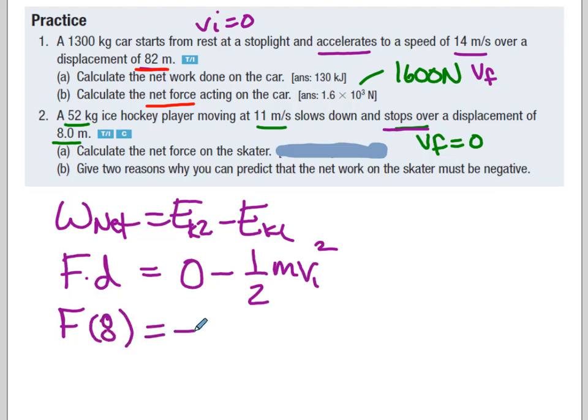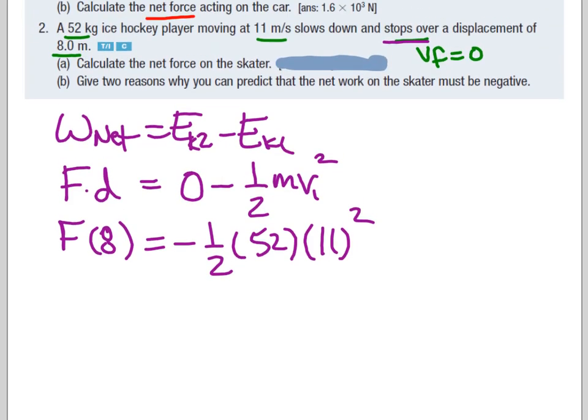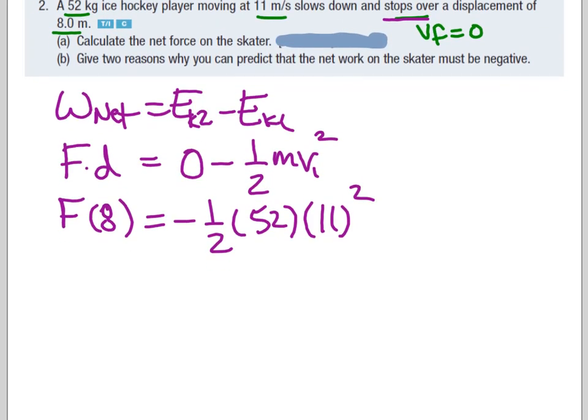I have a negative value I have to keep track of. That's really important. I have a 52 kilogram mass and a VI of 11, which I'll have to square. So 0.5 times 52 times 11 squared. This is 8 times F, which is 3,146, and that would be negative.